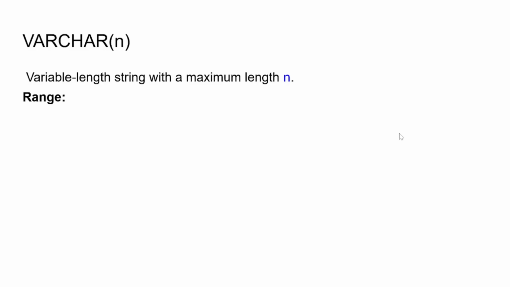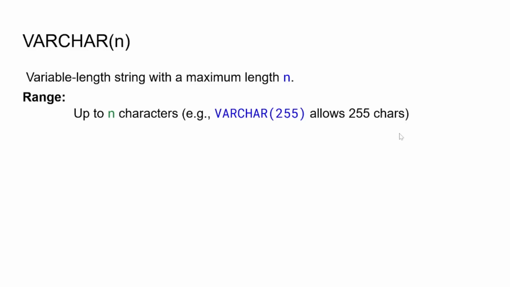The next data type we are going to be talking about is VARCHAR. VARCHAR is used when we expect a small sequence of characters which we have a limit to. The VARCHAR length can range from 1 character up to 255 characters.